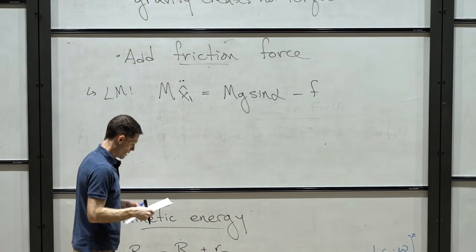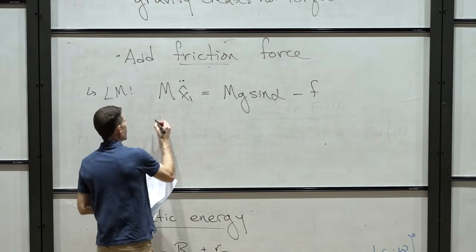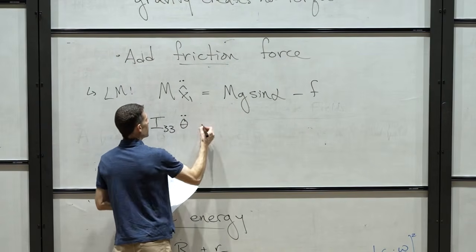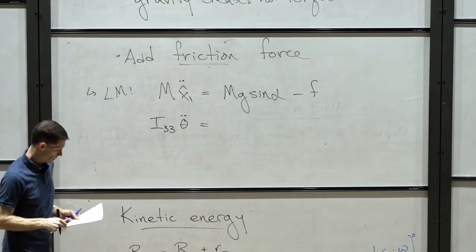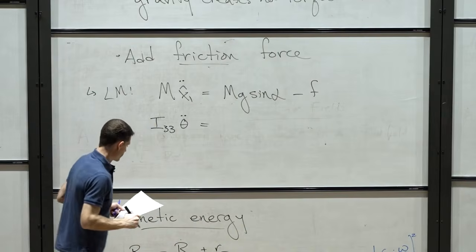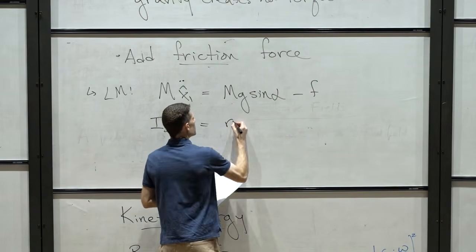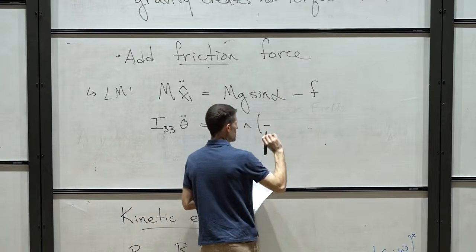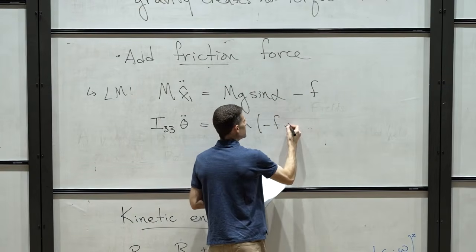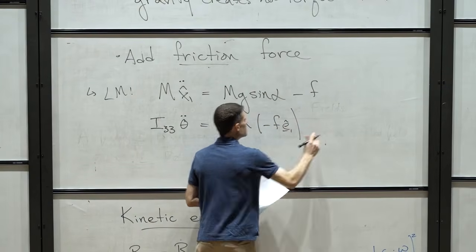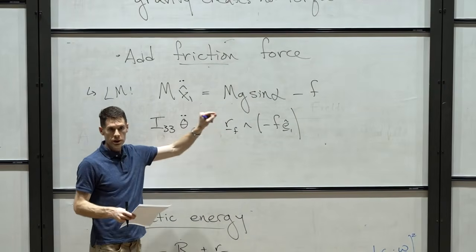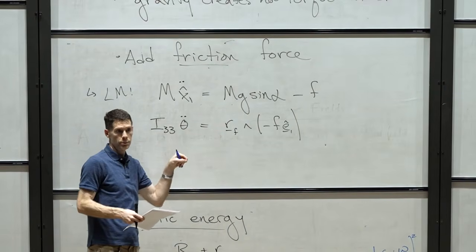And then I have I3 theta dot dot equals this is the torque due to the friction. This is the vector that points from the center of mass to the contact point.